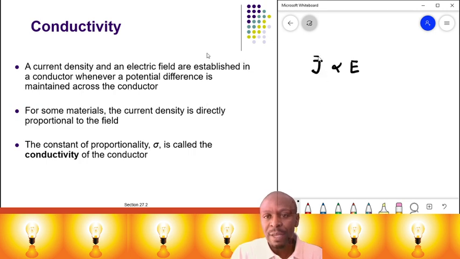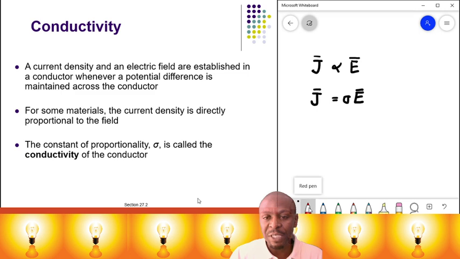If I write it in vector form, this is what the statement is saying. But in order to have an equal sign, J is equal to a certain constant times the electric field.